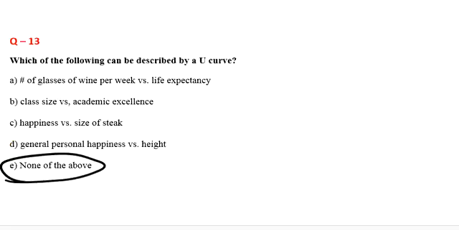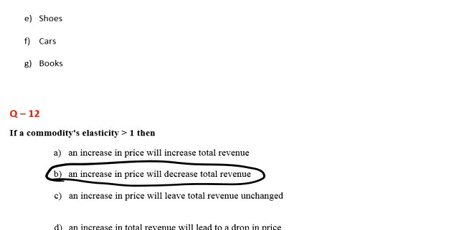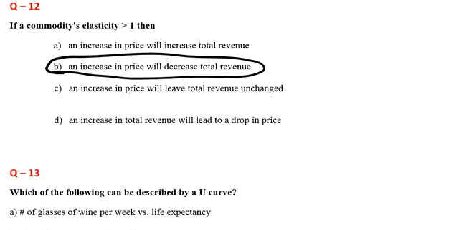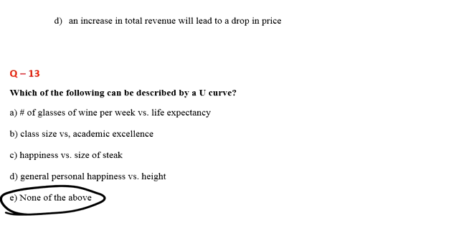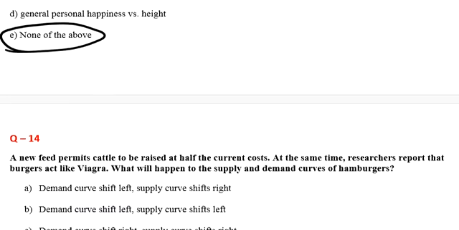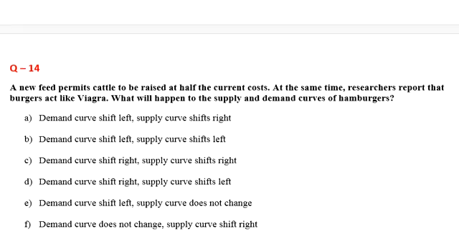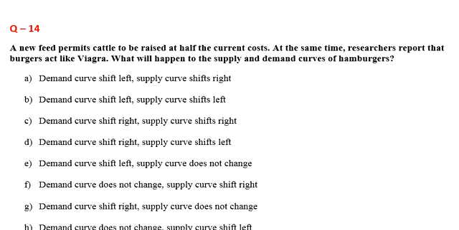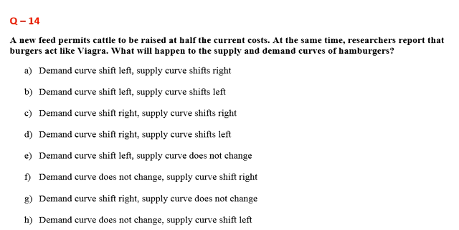Question number 14. A new feed permits cattle to be raised at half of the current cost, so the supply cost will go down to half.